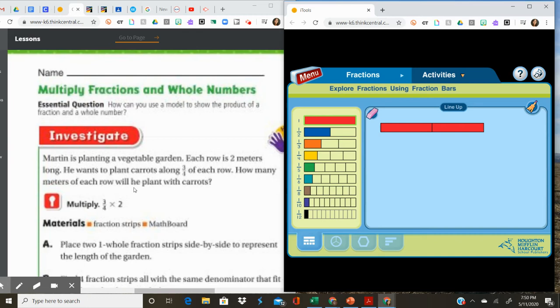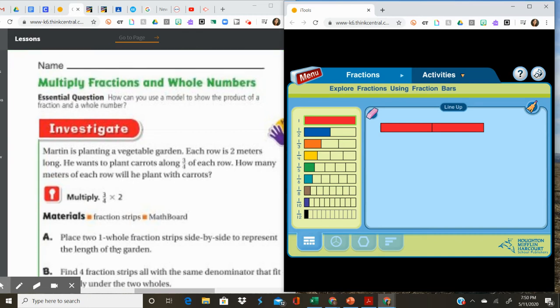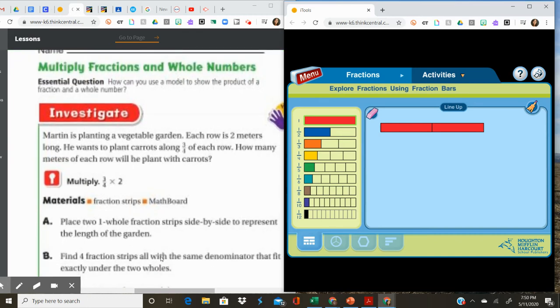The next step says, find 4 fraction strips, all with the same denominator, that fit exactly under the 2 wholes. We want 4 fraction strips because our denominator is 4. So we want to take 2 wholes and split them into 4 groups.